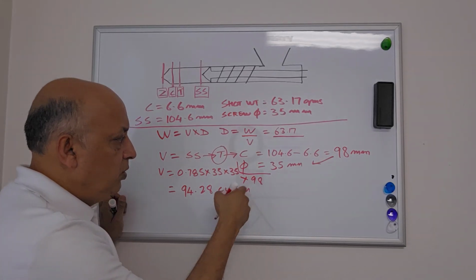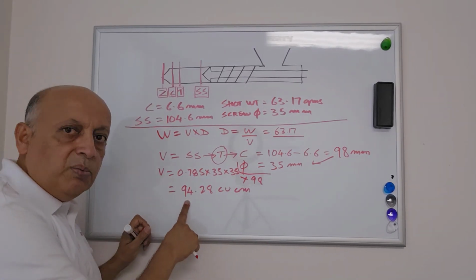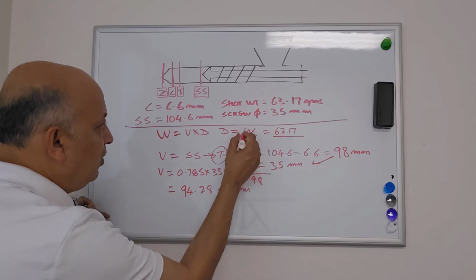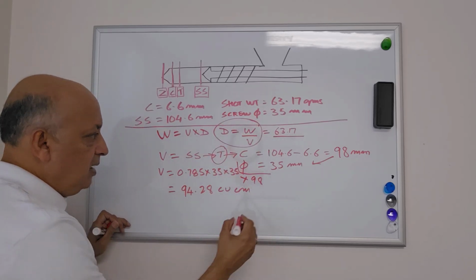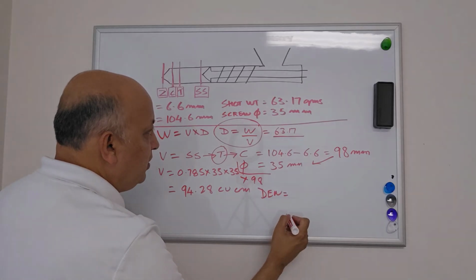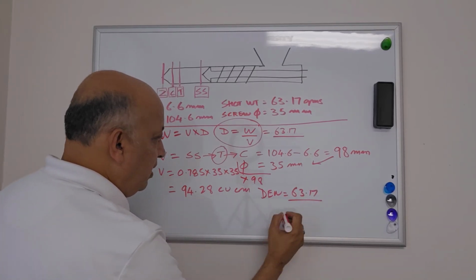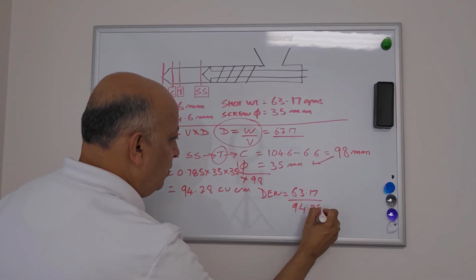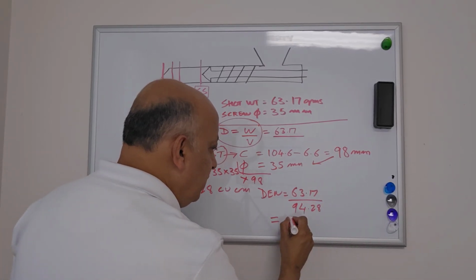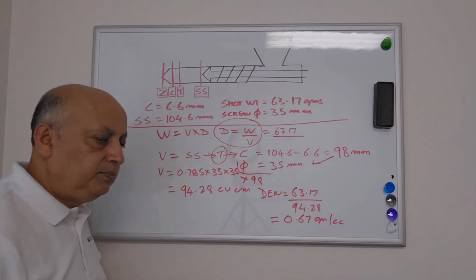centimeters. Okay, so note that it's all in millimeters, we also convert into centimeters. So your total volume is 94.28 cubic centimeters, right? That's it. So now going back to this formula here, I'm going to calculate the density, and therefore the density is equal to weight, 63.17, divided by 94.28, which is the volume, and therefore your density turns out to be 0.67 grams per cubic centimeter.